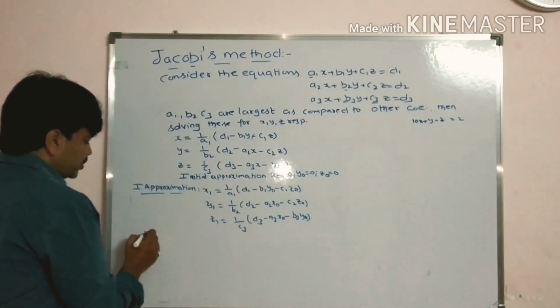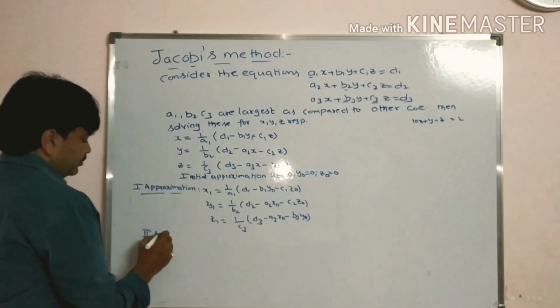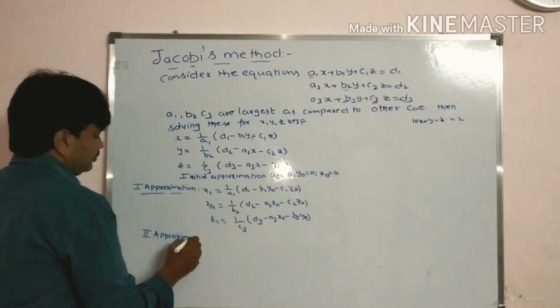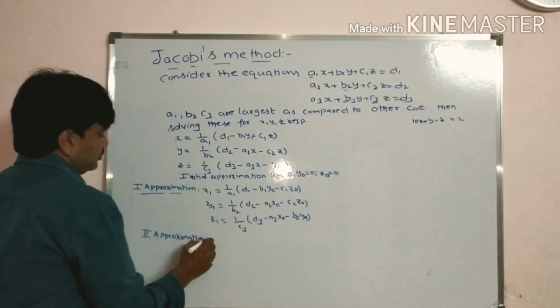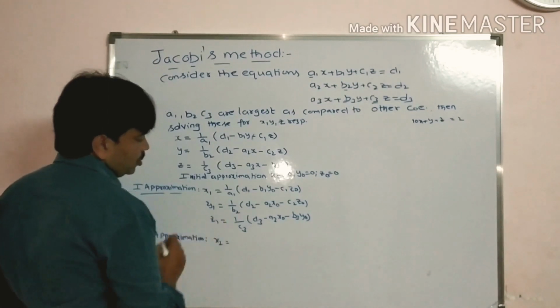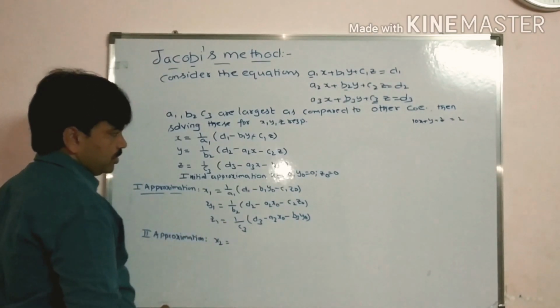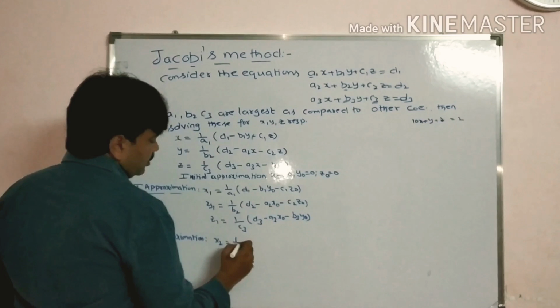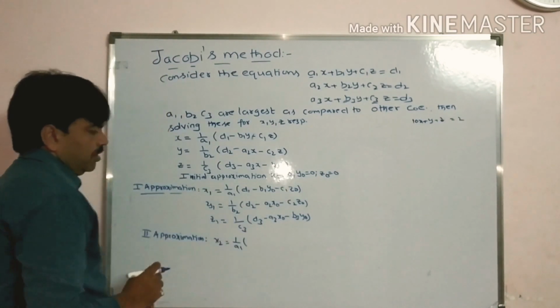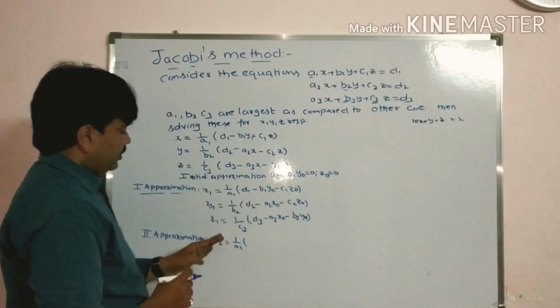And the second approximation. You write x2 is equal to, again the values will change, 1 by a1 into d1 minus b1 y1 minus c1 z1.